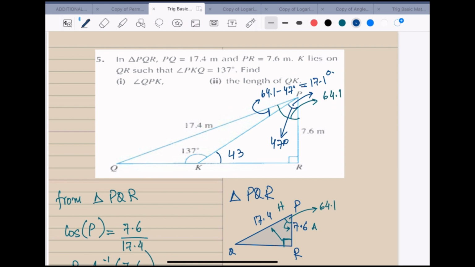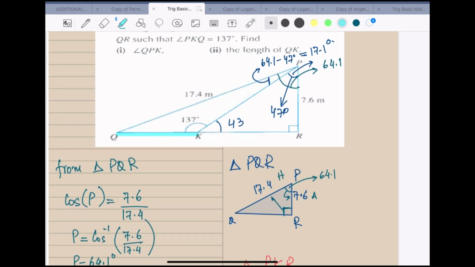Now, you have to find out the length of QK, this one. Technically, it's a part of triangle PQK, which is not a right angle triangle. And since we don't know the tools to solve any ordinary triangle right now, we cannot approach it that way.